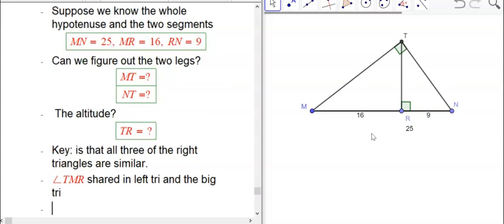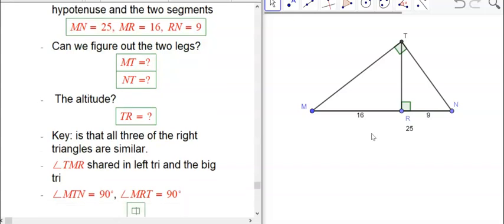We know that angle MTN is 90 degrees. And we know that angle MRT is also 90. Okay, so we've got a similarity.